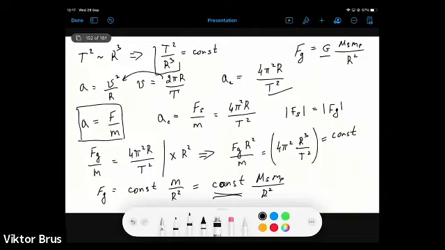But initially you see that the equation for gravitational force, with of course some unknown constant, could be derived based on three Kepler's laws, which were obtained empirically without any theoretical models initially behind them. So it's just pure observation.